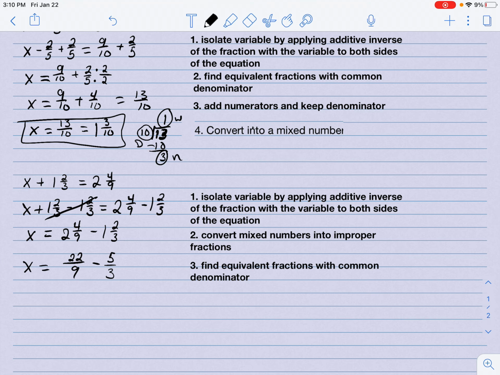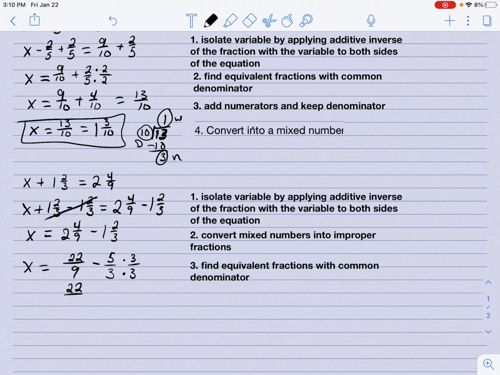Okay, so now we've got them as improper fractions. We still need a common denominator. So the least common multiple of 9 and 3 is going to be 9. So we multiply 5/3 by 3 over 3. Once again, it'll give us an equivalent fraction, but it'll also give us a common denominator.